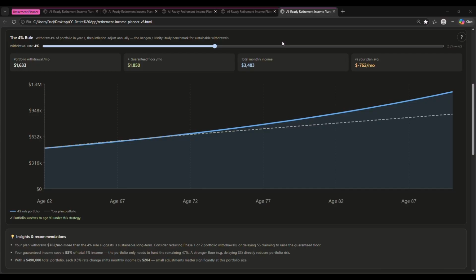As you get older and your horizon shortens, the percentage rises. The math is designed so that your portfolio reaches exactly zero at your life expectancy. No money wasted sitting untouched and no risk of outliving it.